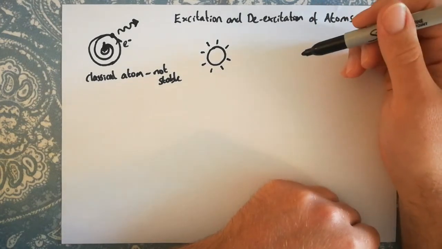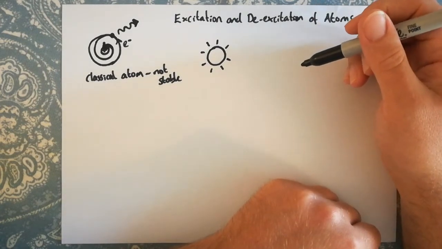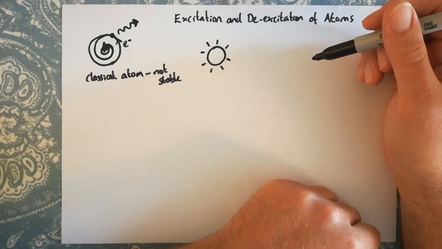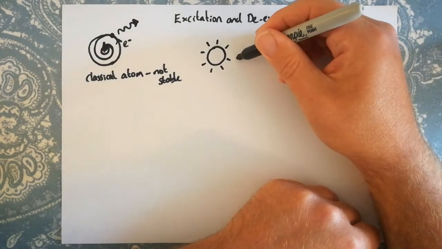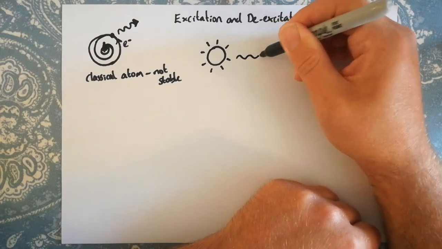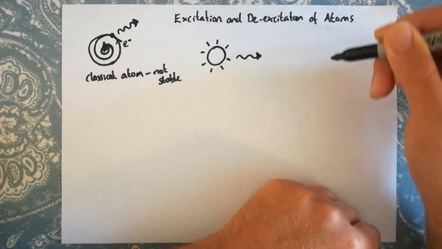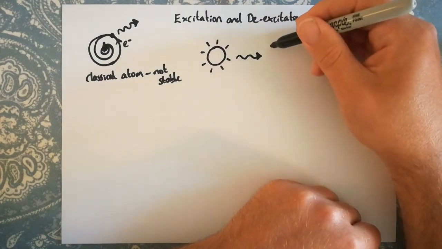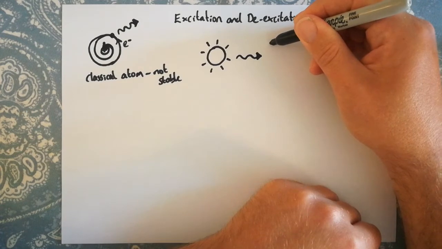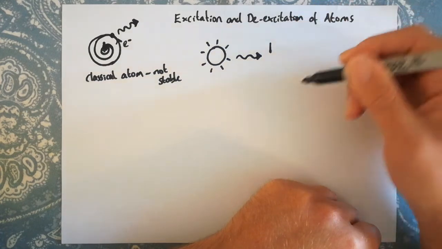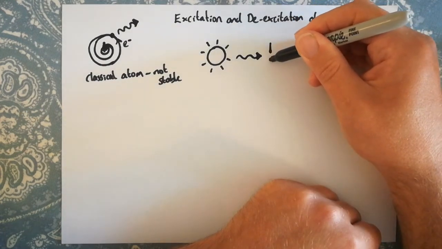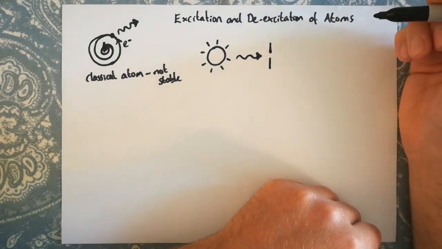There are other ways of exciting atoms. You basically just need to heat up a gas, or you could also excite them by passing an electric current through the gas.